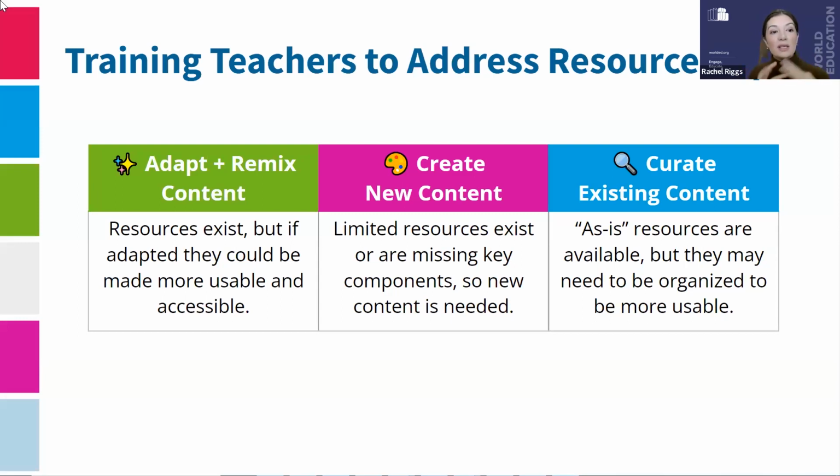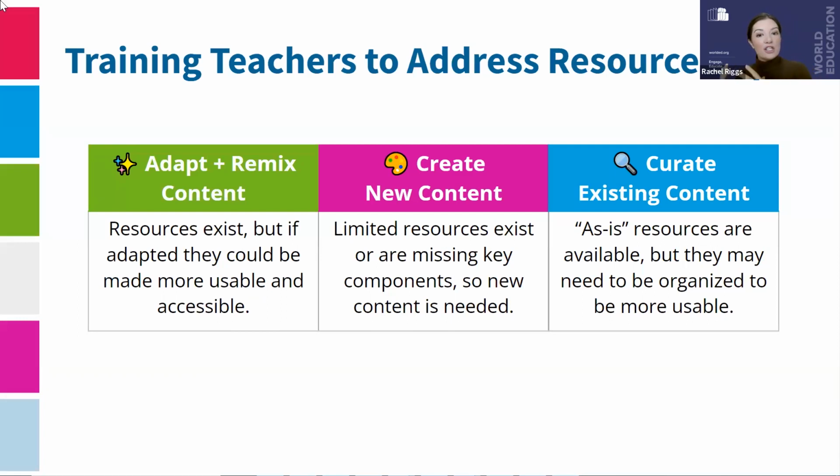And so we engage teachers in taking resources that already exist and adapting or remixing them so that they're more ready to use. And then there's the creation of new content when there is an actual full gap in resources to address a particular topic, or that is delivered in a certain type of media. Those full gaps where we have to create completely original content.